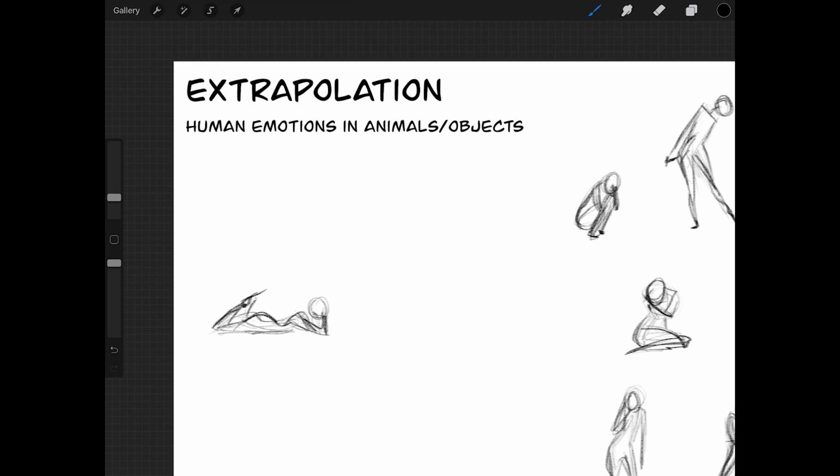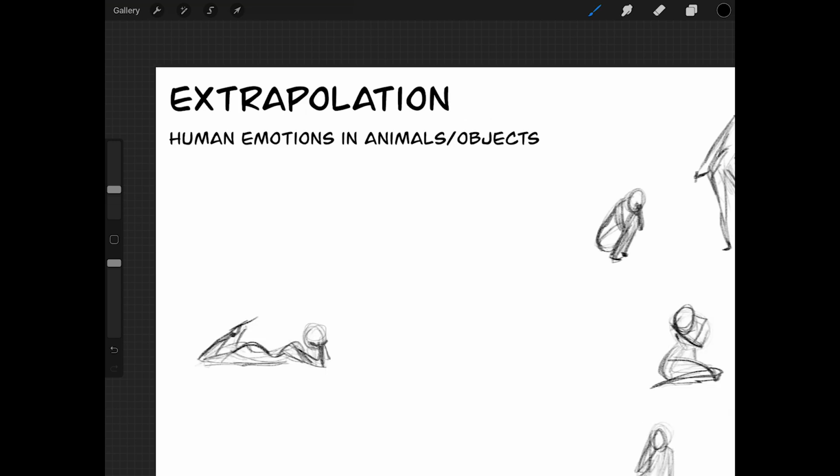Well, you could imagine that this person is lying here and maybe daydreaming about something. So I want to convey that into an animal. And I think I am going to draw something very familiar and therefore also maybe a little easier. So I think I'm gonna try and translate this into a dog.